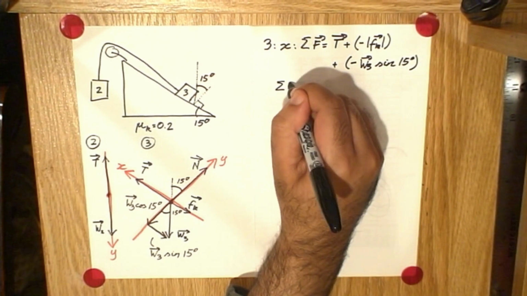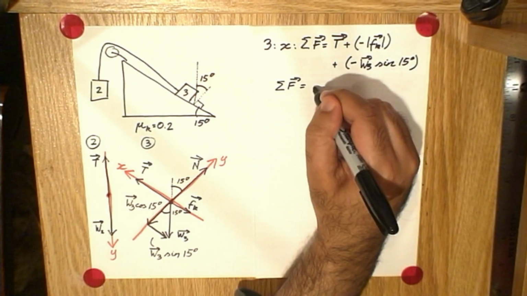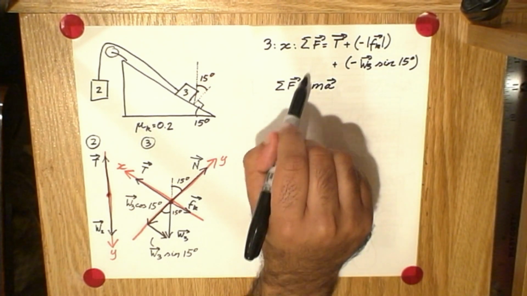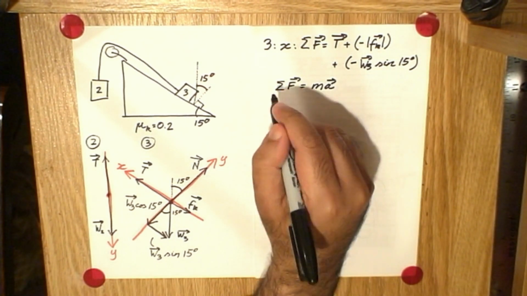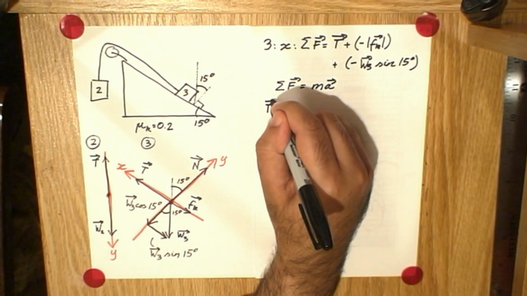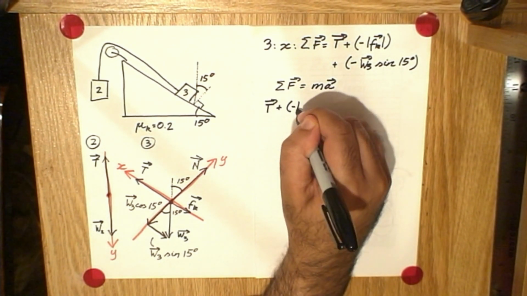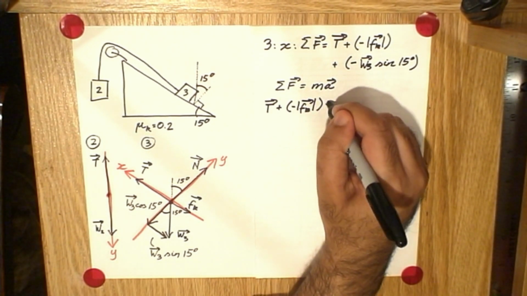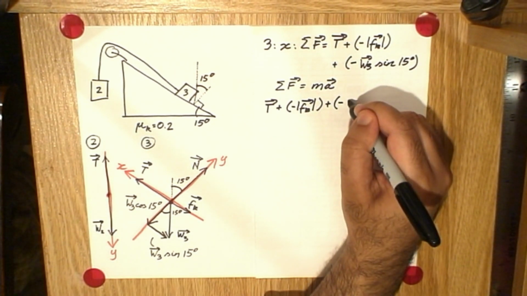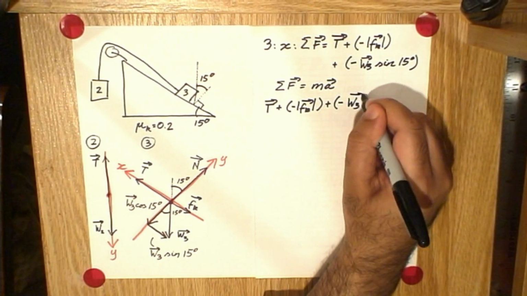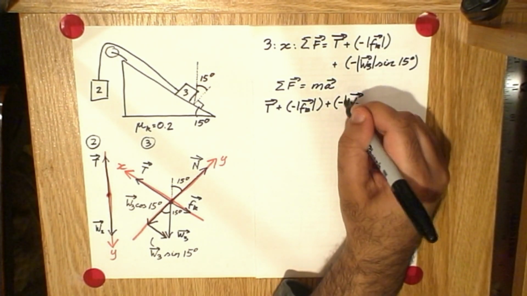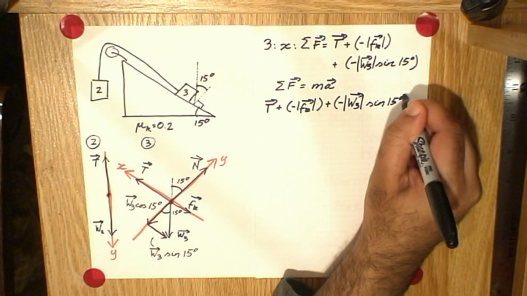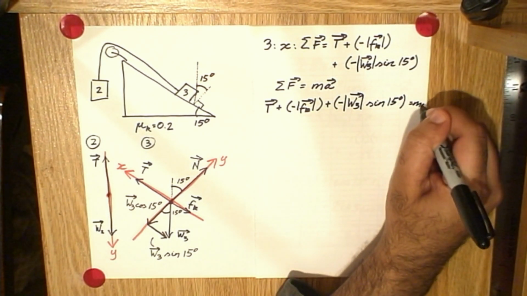Now the total force is equal to mass times acceleration. So let's plug these two equations together. Tension plus negative force of friction plus negative weight of 3 sine 15 degrees is all equal to mass times acceleration.